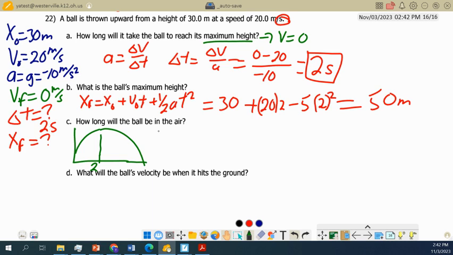So what do we know here? We know our V0 is equal to 0. We found out up above that our X0, our maximum height, was 50 meters. We know we're hitting the ground, so XF is going to be equal to 0 meters. We also know our acceleration is due to gravity, -10 meters per second squared.